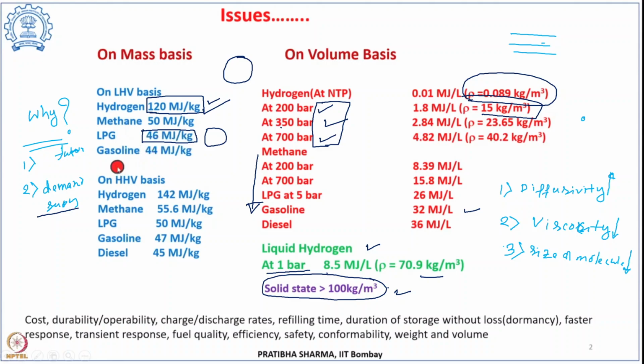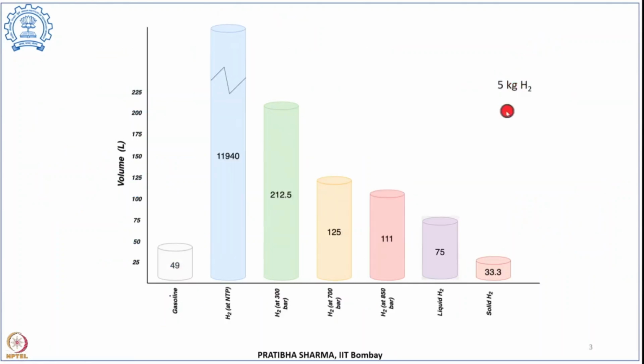These are some basic storage methods and basic properties of hydrogen you have to remember. Next, for example, suppose a motorbike or two wheeler.